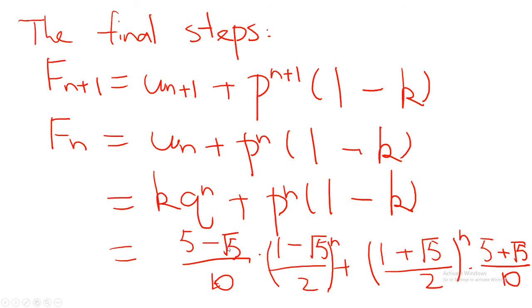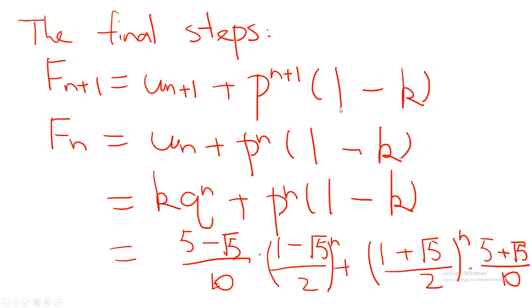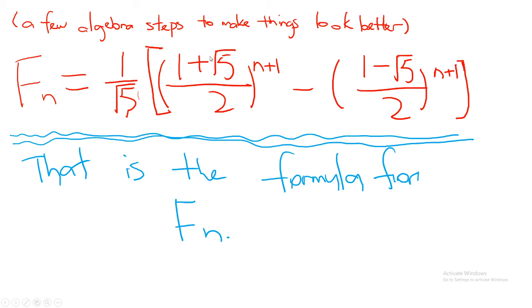If we divide the upper part of the fraction and the lower part both by the square root of 5, we get (square root of 5 minus 1) over (2 square root of 5). We put this 1 over square root of 5 away, and we have the negative sign of this, so that makes for this part. For the same reason we get this part. So the final formula for Fn in terms of n is here.